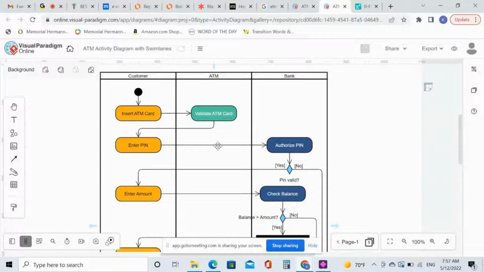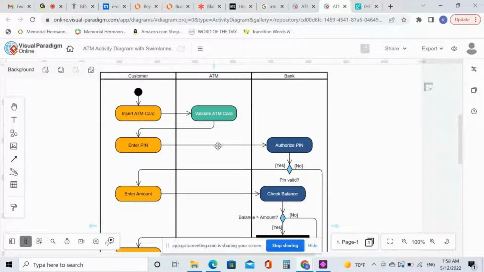Okay, so now what does a bank do here? Ranjana, can you explain what a customer is doing here? So the customer came to the ATM machine, inserts the card, and puts in the PIN. How is it validated?